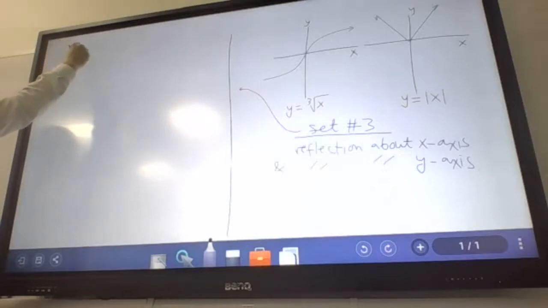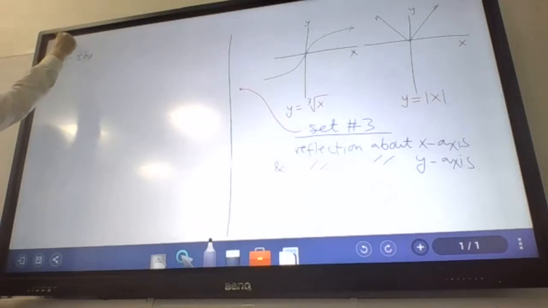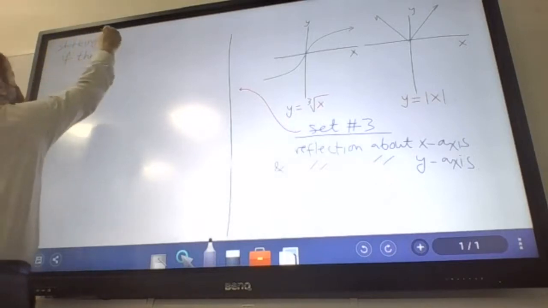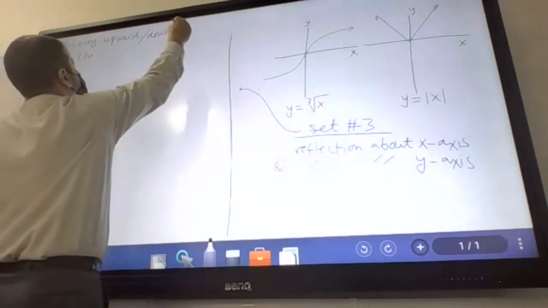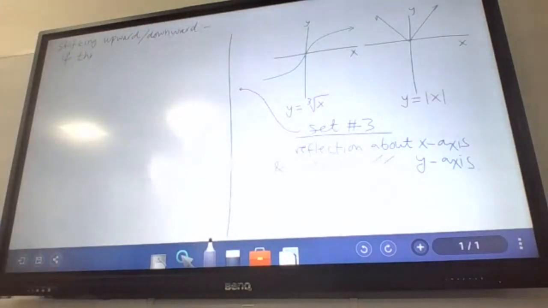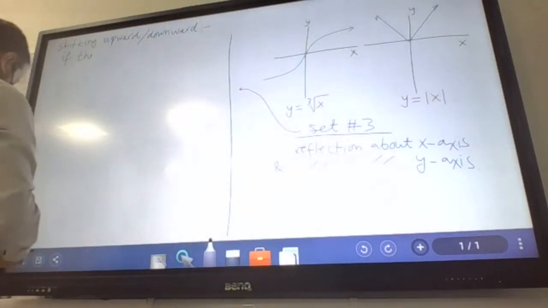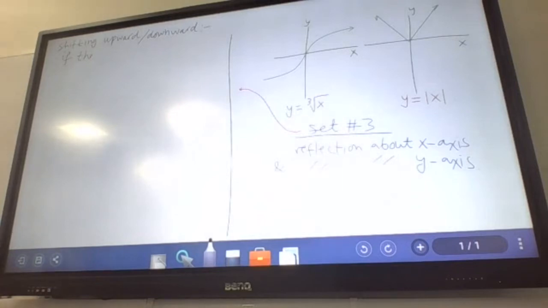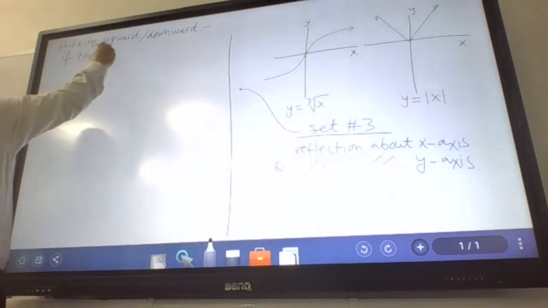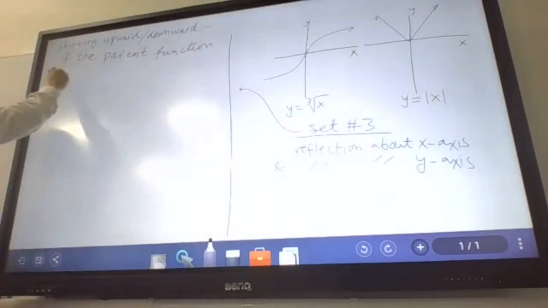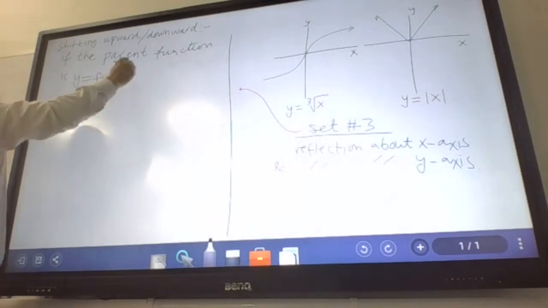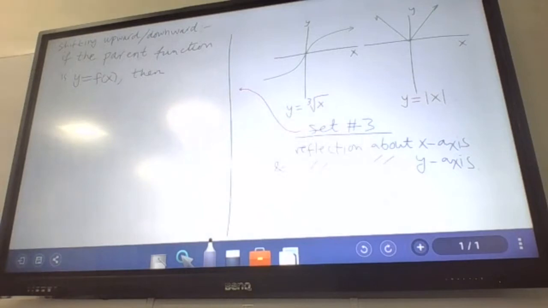If shifting upward, downward. So if the parent function is y equals f of x, then what's the rule of the function if we shift the curve upward k units?